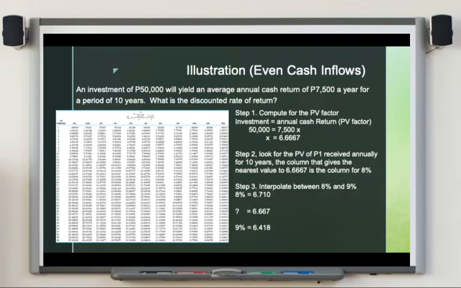The following column is 9%. You will get 6.418, and that is below 6.667.